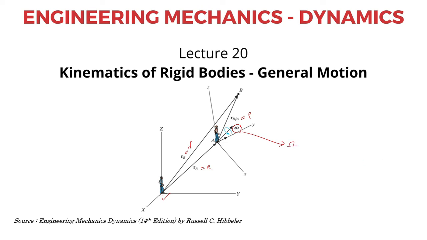So I will write the equation here. Here we are representing this origin as VA and the point P as VB.